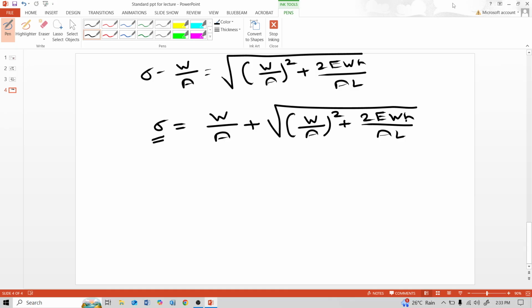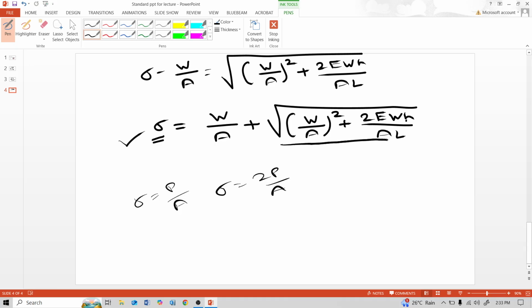In our previous lecture we saw that the stress due to gradually applied load is sigma equal to P by A, and stress due to suddenly applied load is 2P by A, and stress due to impact load is W by A plus these terms added.